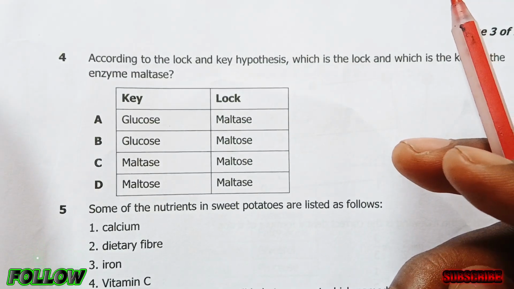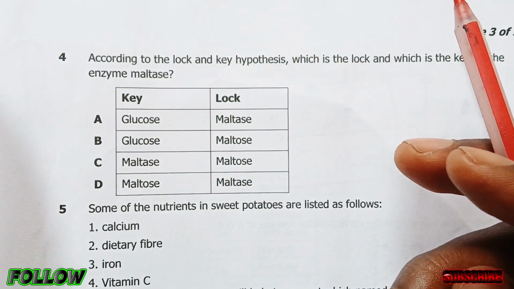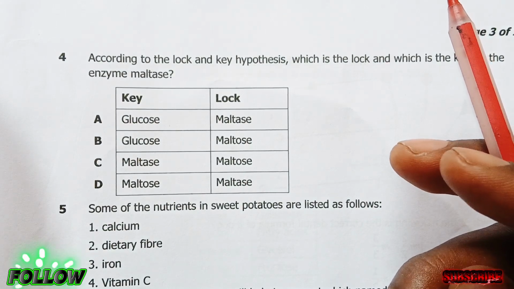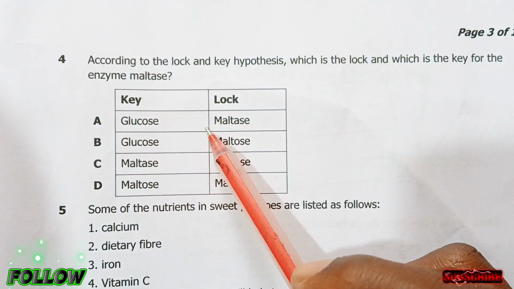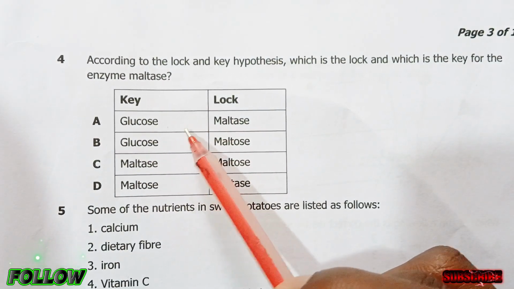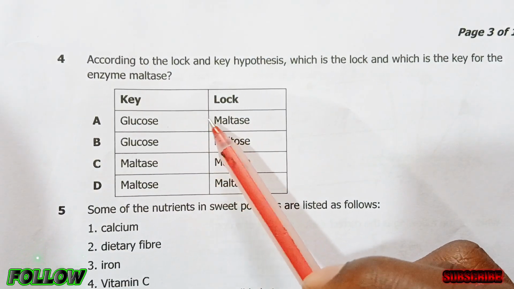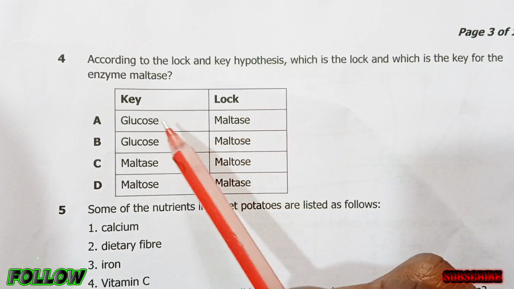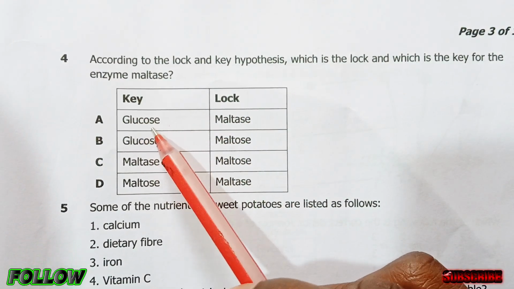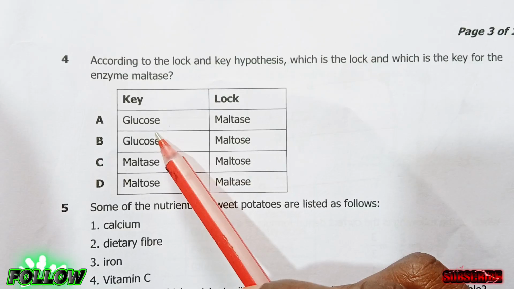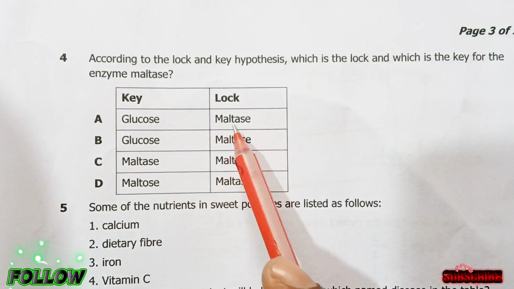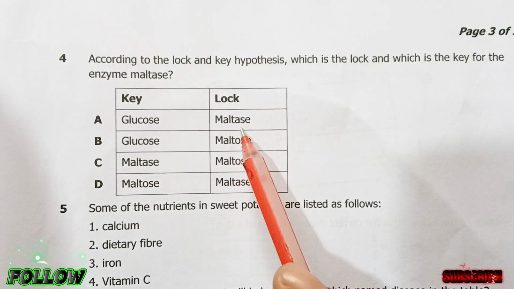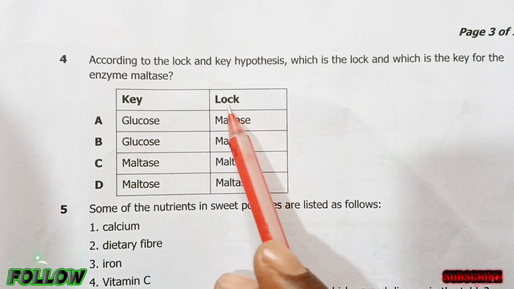The reason why the others can never be the answer is this. For A, glucose is the product, not the substrate for maltase.